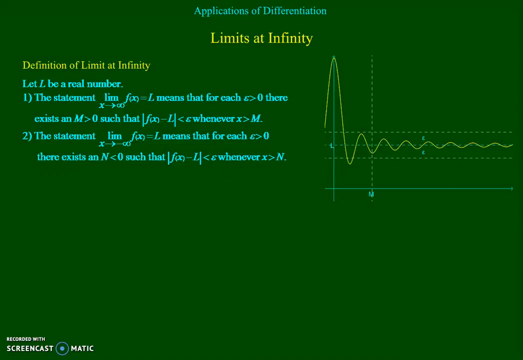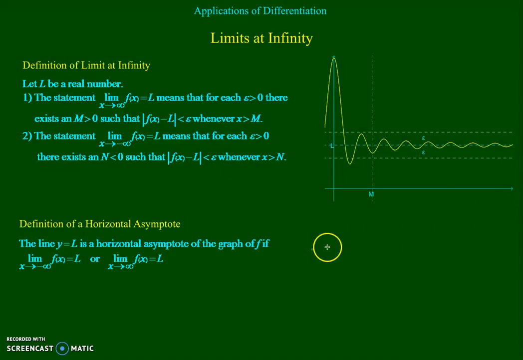So what we're going to do is take a look at how this works in practical terms. And we're first going to look at the definition of a horizontal asymptote. So here we have the line y equals L is a horizontal asymptote of the graph of f if the limit as x approaches negative infinity of f of x equals L, or the limit as x approaches infinity of f of x equals L. So again, remember, very, very critical about limits.